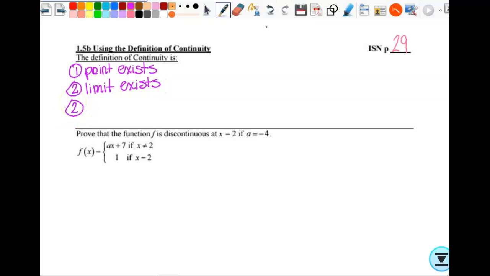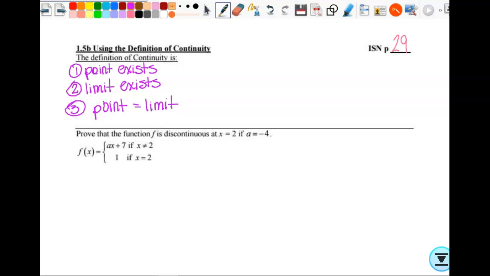Point equals limit. That's just the bare bones. You have to say it more formally when you're showing it, but that's what you need to remember. The point exists, the limit exists, the point and the limit are equal. We good on that?